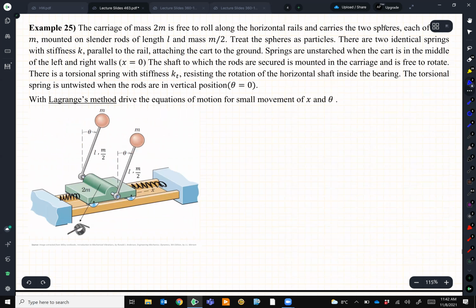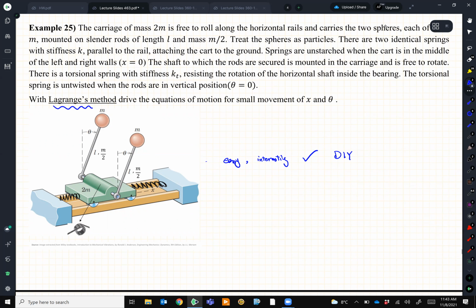Example 25 is going to be very interesting, also easy. Use the Lagrange method, not the Newton method, for that one. I will post my solution later, but I thought you should give it some thought.